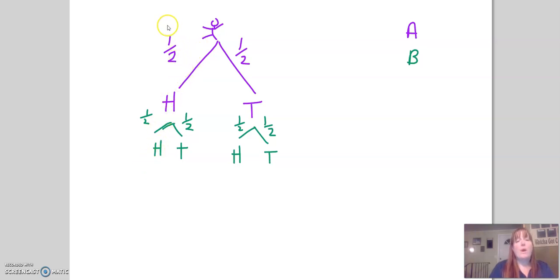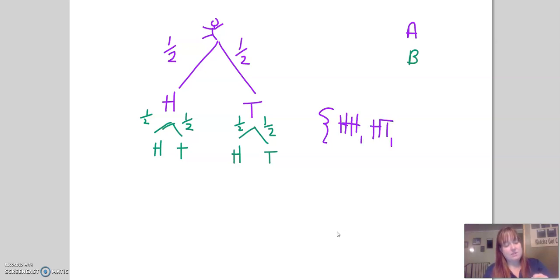Well, I have a 1/2 chance of getting heads the first time. And then if you look down here, what is my sample space? What are my options for what I could get if I toss this coin? Well, I could have tossed heads, heads. I could toss heads, tails. I could toss tails, heads, or tails, tails.